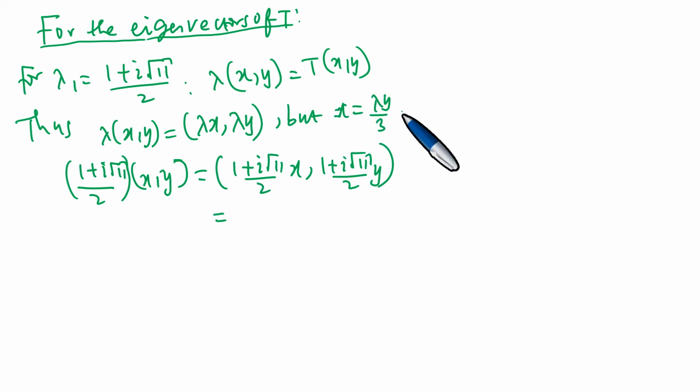So at this point here, you have lambda y out of 3. And therefore this would mean x is lambda. What is lambda? Okay, lambda is, for example, 1 plus i square root of 11 out of 2.